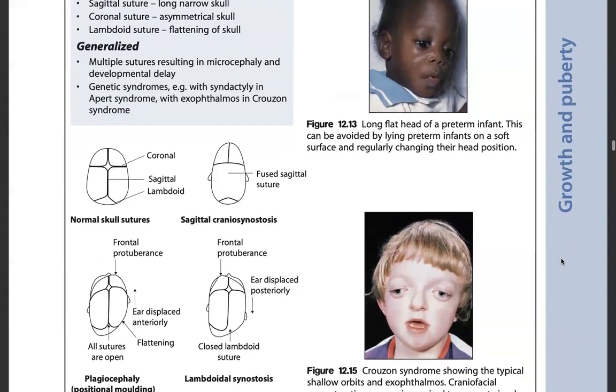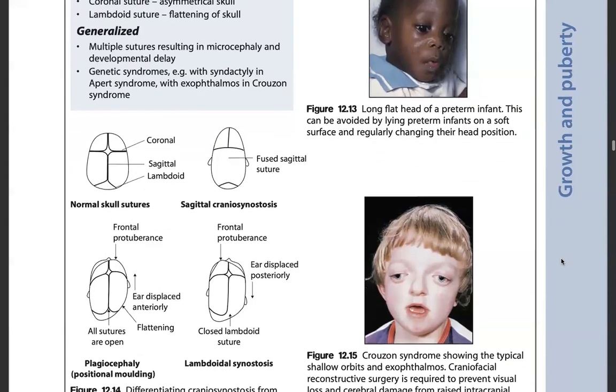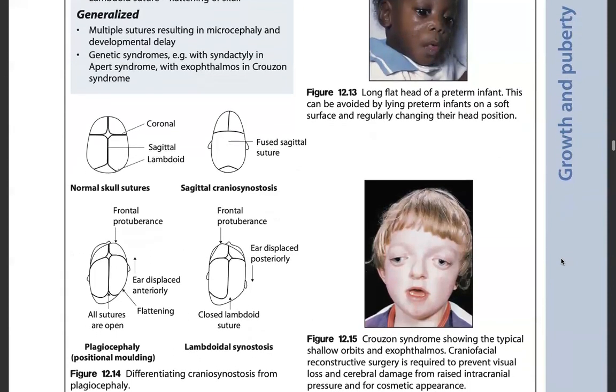Normal skull sutures, fused sagittal suture, sagittal craniosynostosis. Plagiocephaly, positional molding, hair displaced anteriorly, frontal protuberance and flattening. Lambdoidal synostosis, frontal protuberance, ear displaced posteriorly and closed lambdoid.